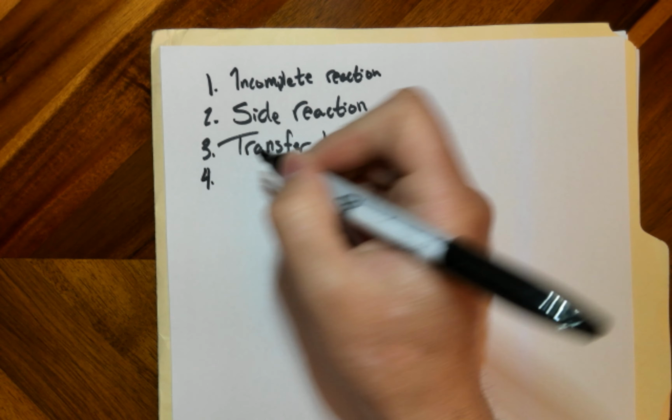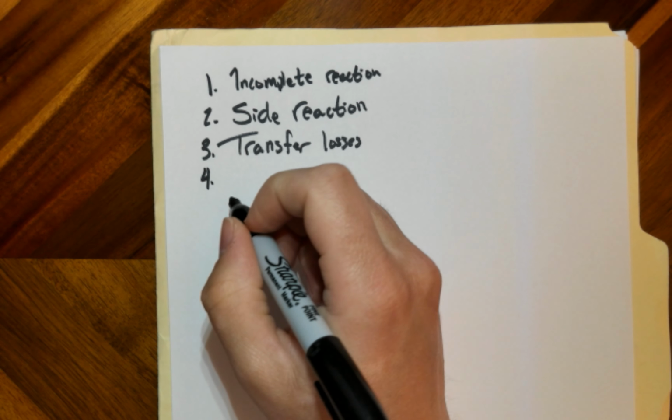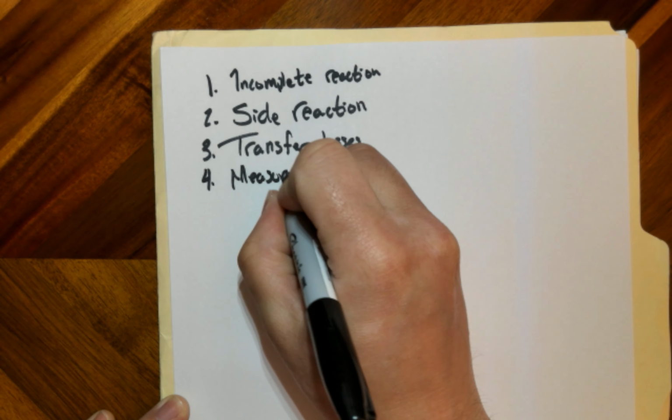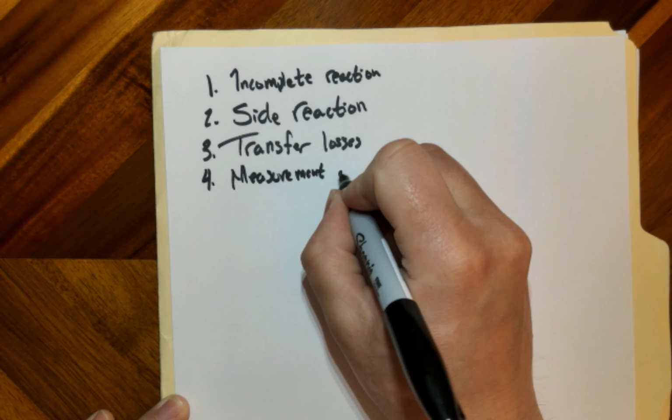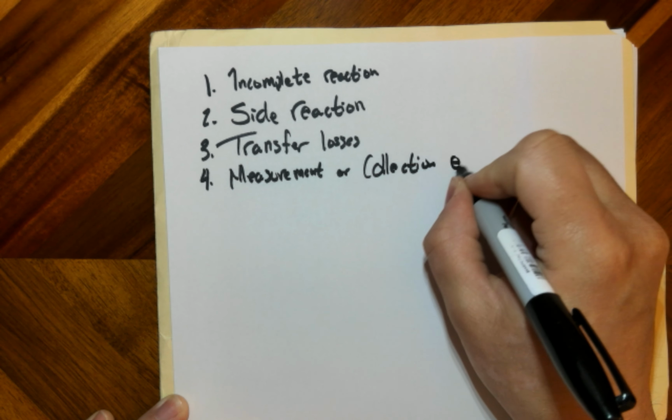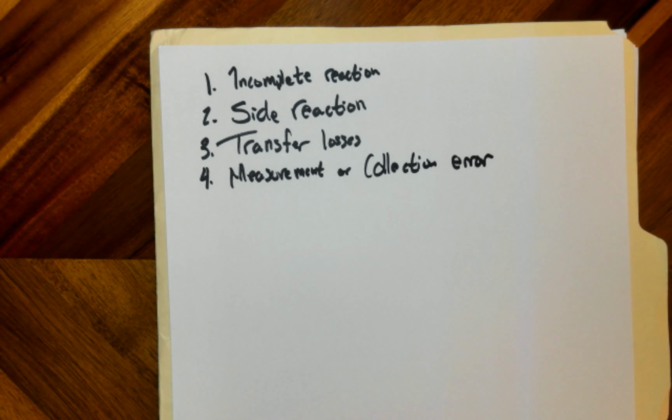And lastly, we could potentially get a measurement or collection error. And in these cases, with the measurement or the collection errors, what ends up happening is that product is lost during filtering or drying or weighing. And so we end up losing some in the process, right? These are not really excuses necessarily.